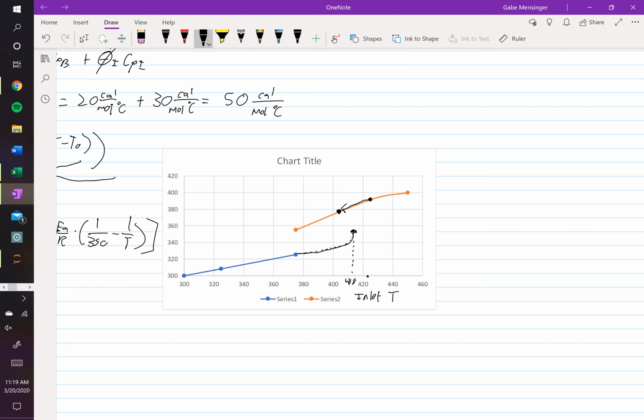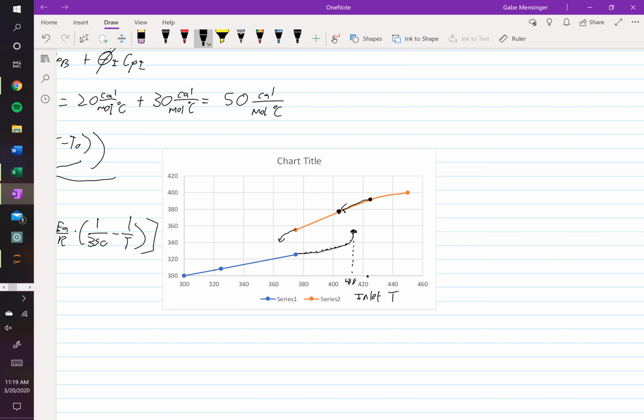Even though the lower branch does exist for that temperature, we haven't gone past the extinction point. The extinction point is going to be somewhere, ideally, it's going to look something like that. The only way we can get back down to that lower branch is by cooling it back below the extinction point.